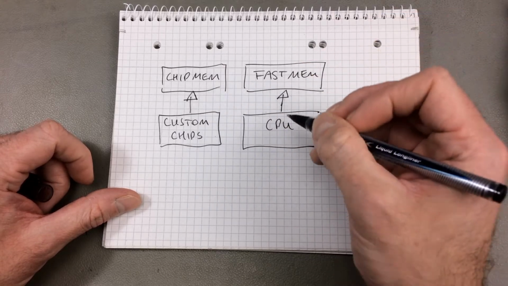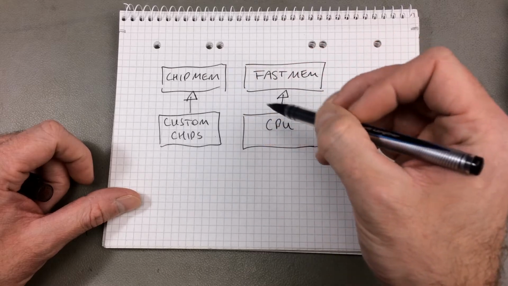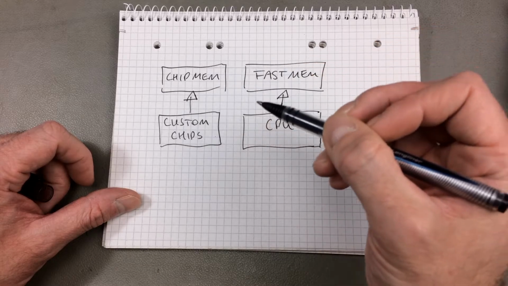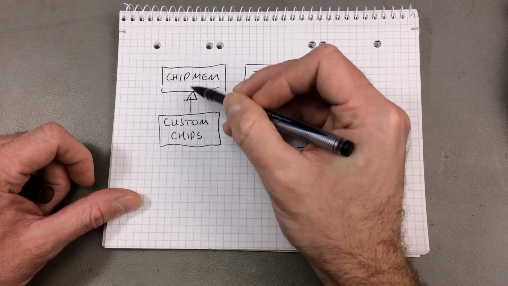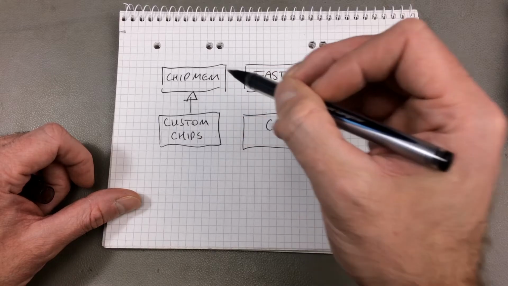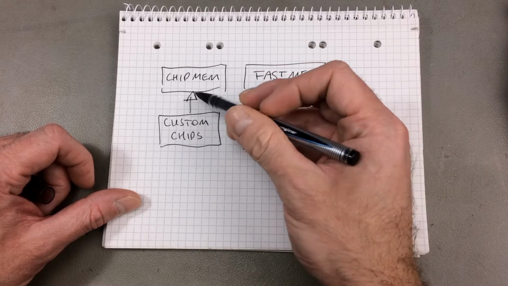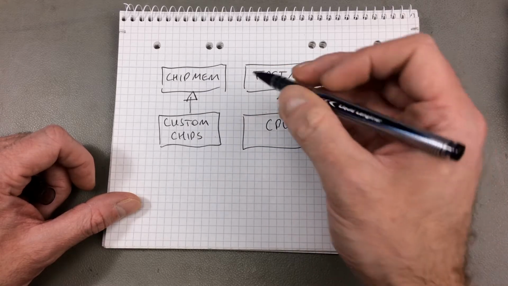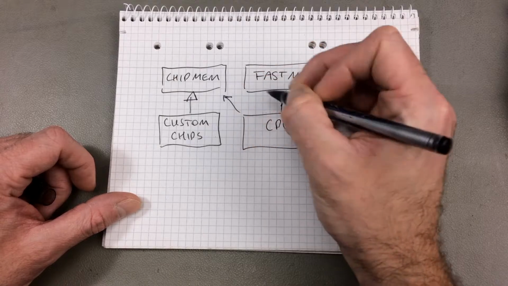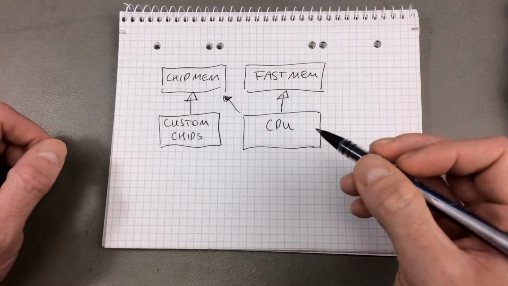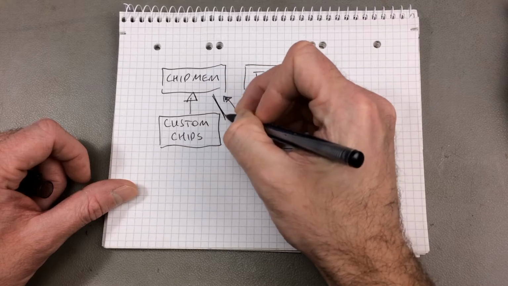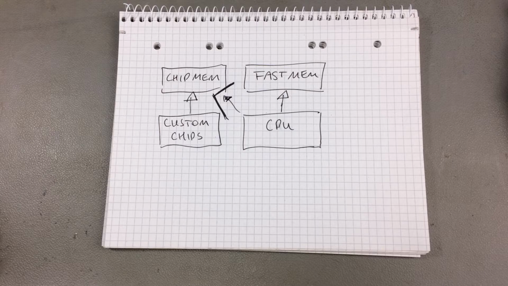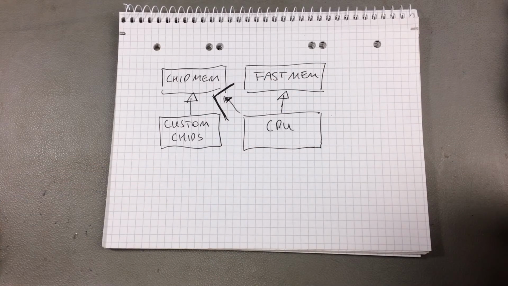Whereas if there's only chip mem, the CPU uses chip mem and the custom chips also use chip mem. The chip mem that the custom chips use can't be used by the CPU at the same time, so the custom chips have priority and can lock out the CPU. So this can be used by the CPU as well, but the custom chips can lock out the CPU from using the chip mem, so it can slow down the CPU.